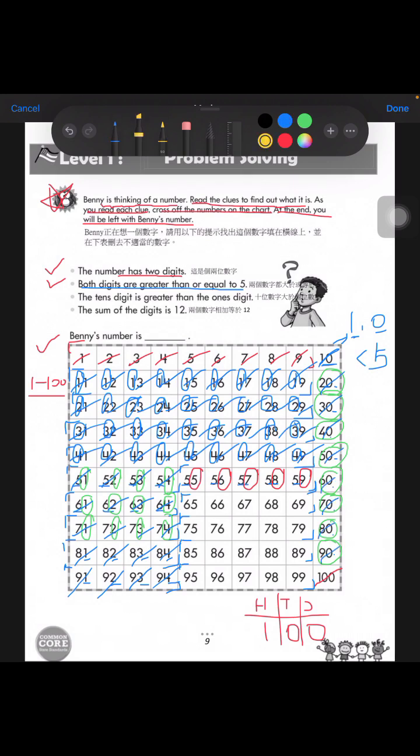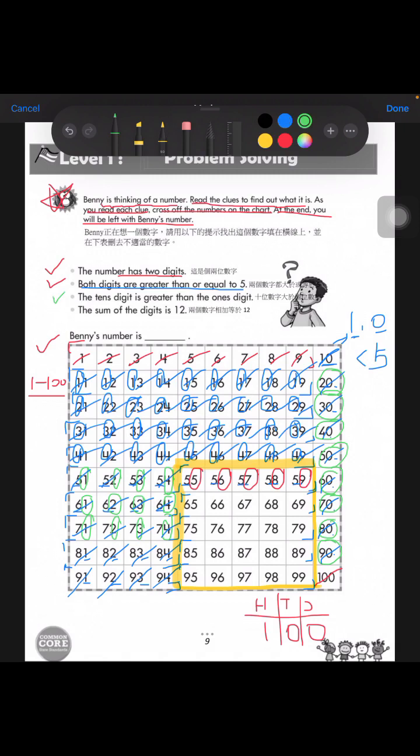According to the first and the second clue, many numbers have been crossed out. Besides these numbers, 55 to 59, 65 to 69, 75 to 79, 85 to 89, and at last 95 to 99, they are also matched with the first and second clue.